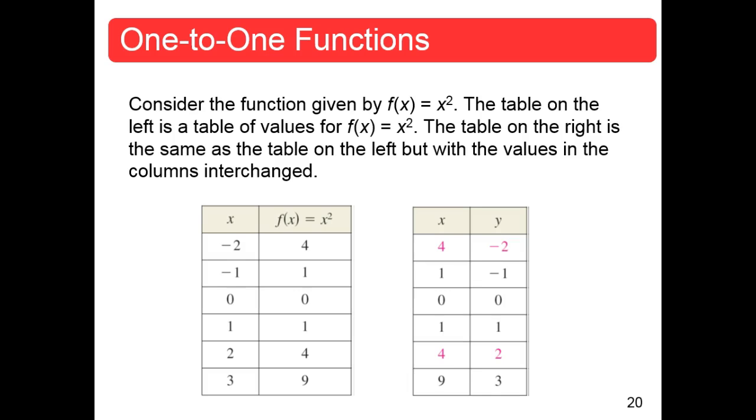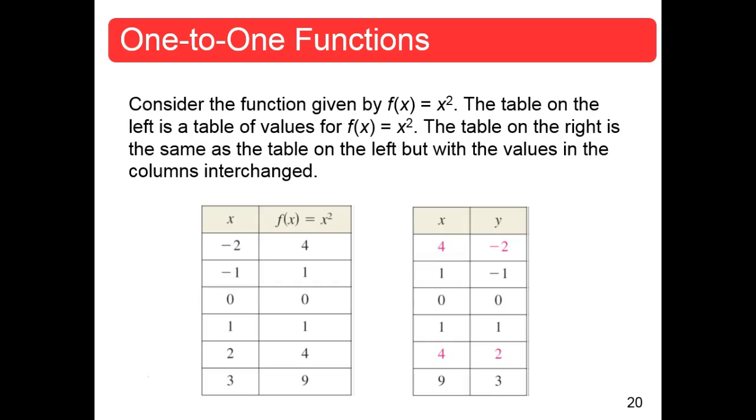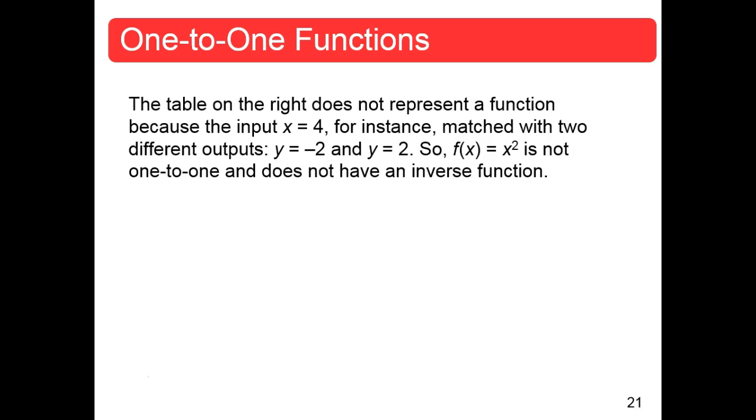Those straight lines, they're good everywhere. Any one that curves, you've got to watch out for. If it curves back on itself, you have to exclude those values. Now, the table on the right does not represent a function because x equal 4, for instance, matches with two outputs, minus 2 or plus 2.